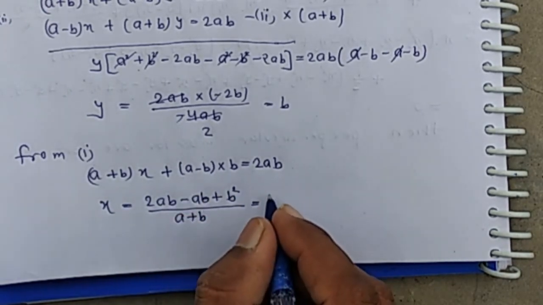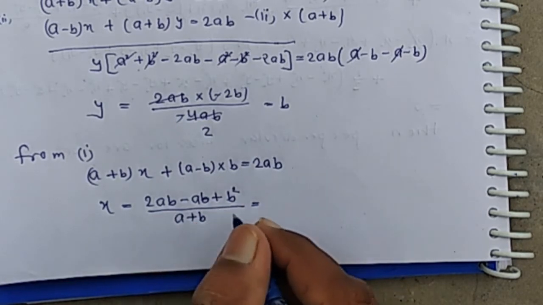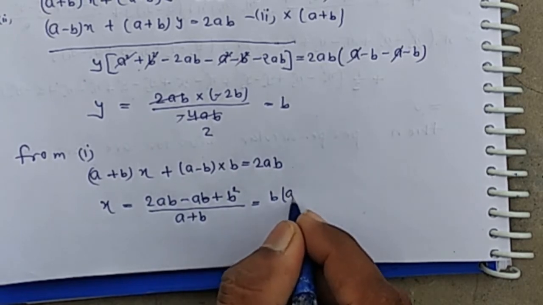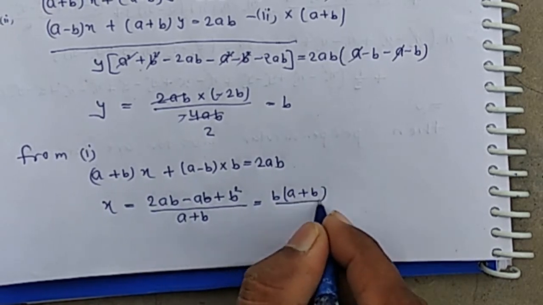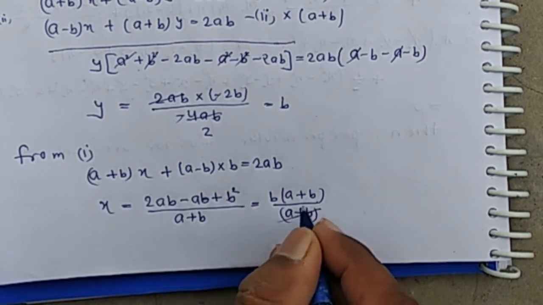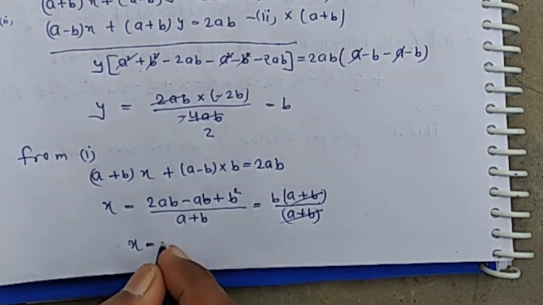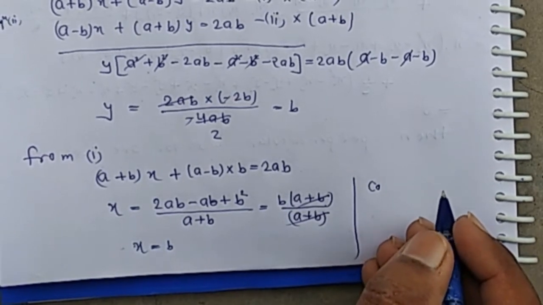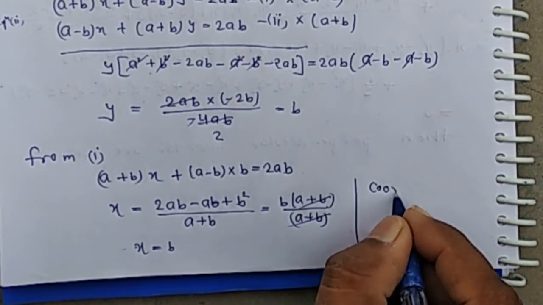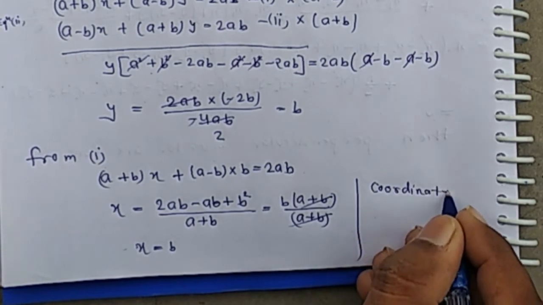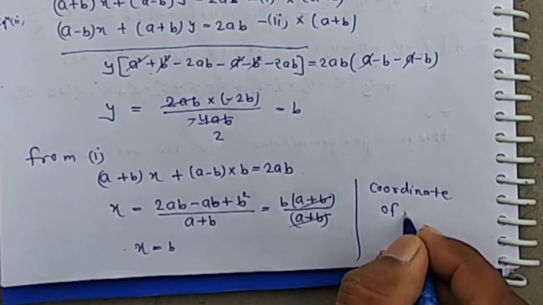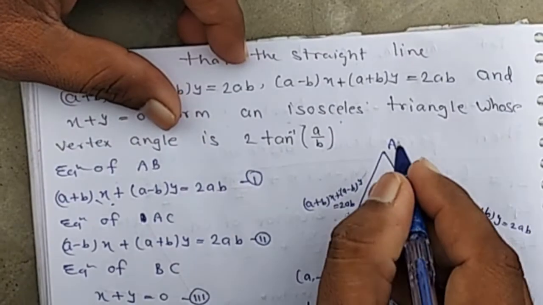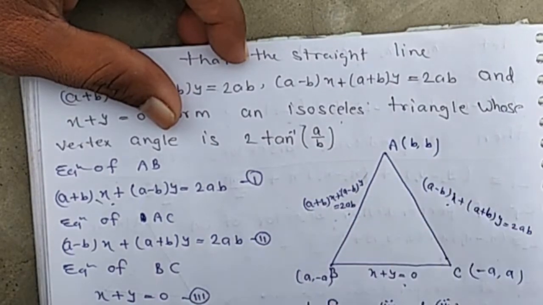Then we have b common, (a plus b) by (a plus b). The value of x is also b, which means the coordinates of A are (b, b). It is (b, b).